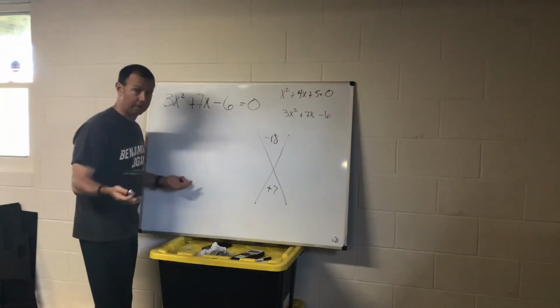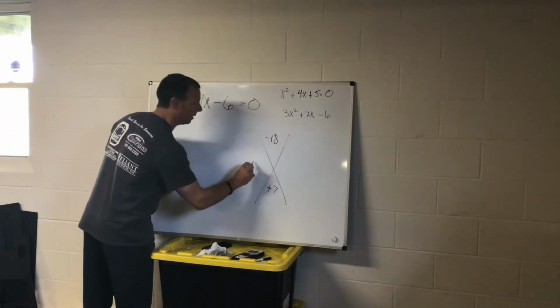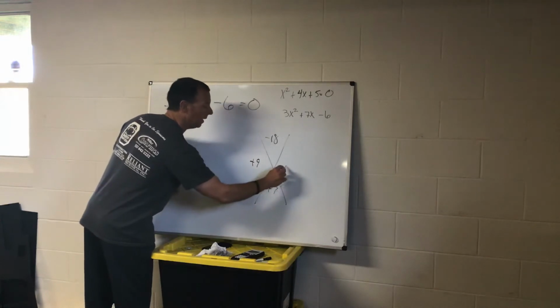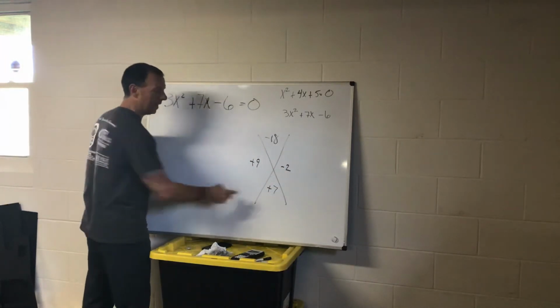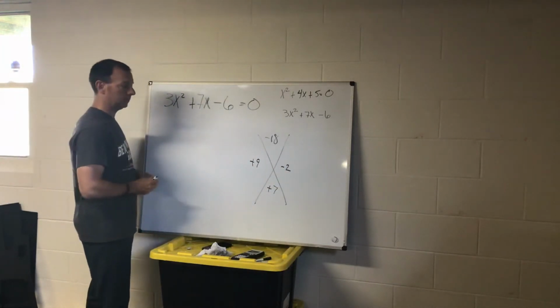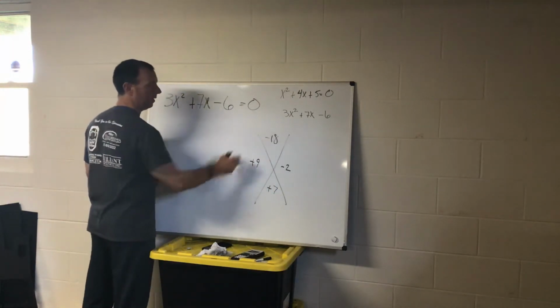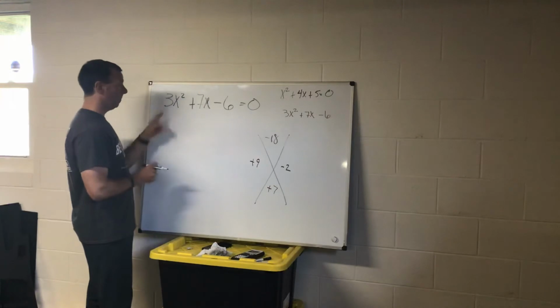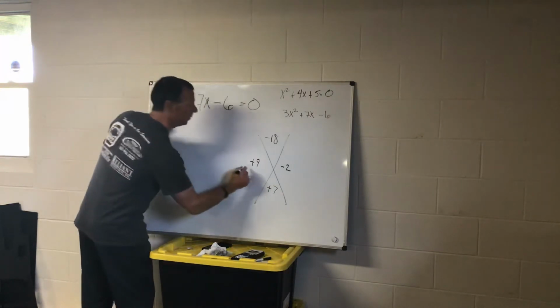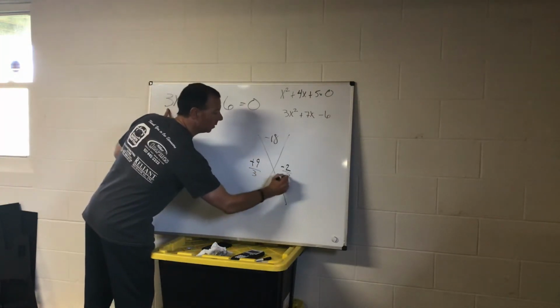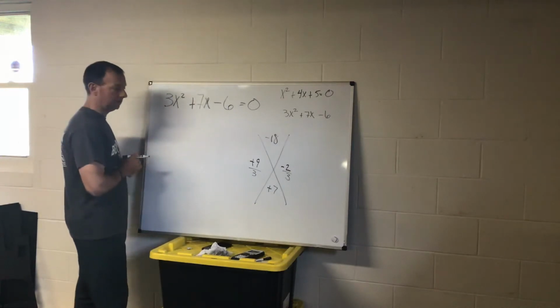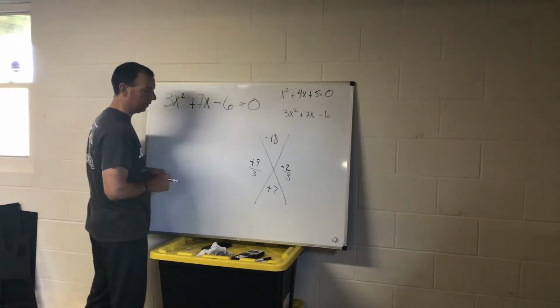All right, well, how about 9 and 2? If I have a positive 9 and a negative 2, that adds up to be positive 7. So there would be my two numbers that multiply and add. You take the first number and put it on the bottom, and then you reduce these fractions.